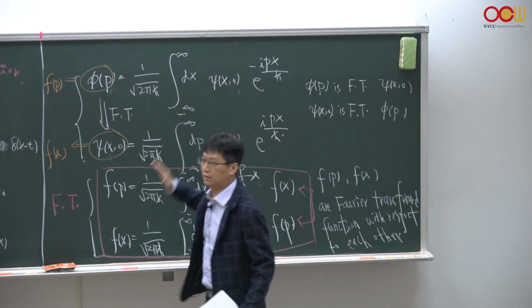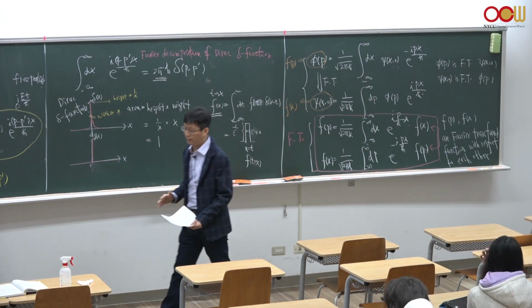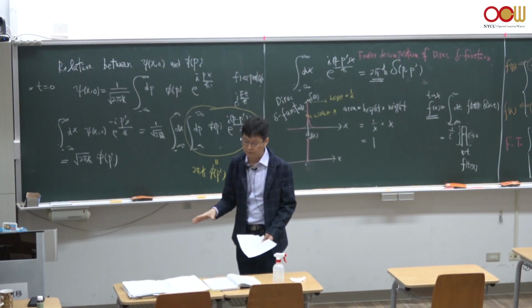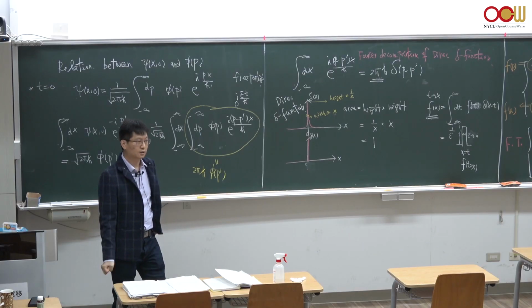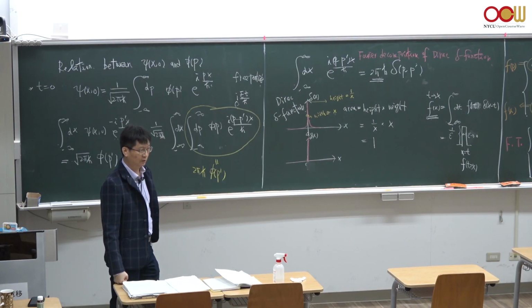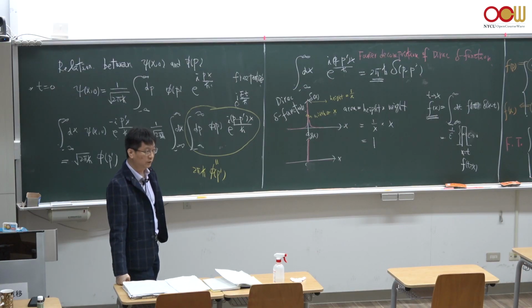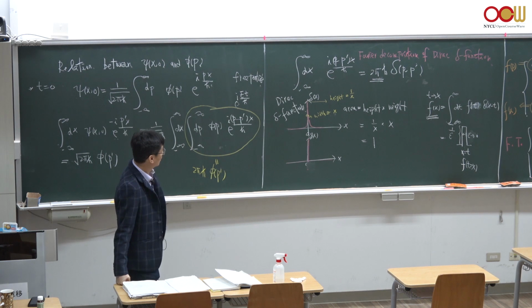Okay, because they are so-called Fourier transform pairs, the widths of these distributions, of course, always satisfy this Heisenberg relation. Okay, so we cannot use this Fourier expansion to rigorously prove the Heisenberg relation, but the other way is okay.